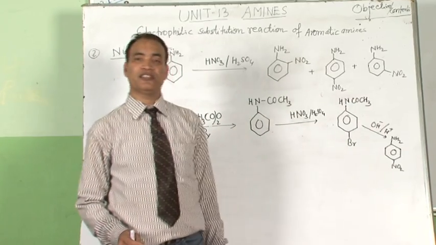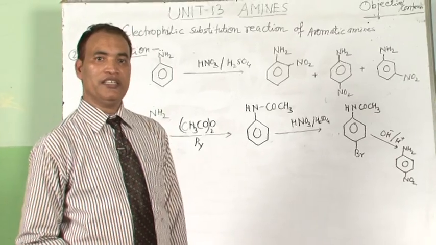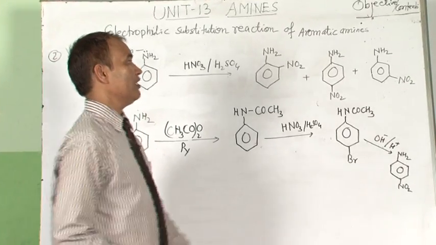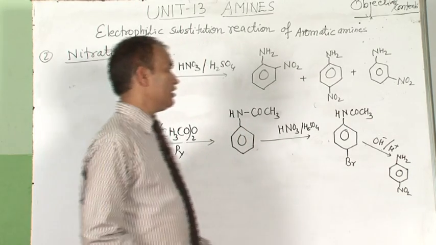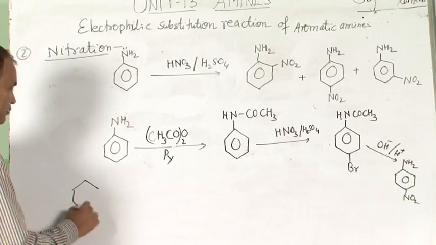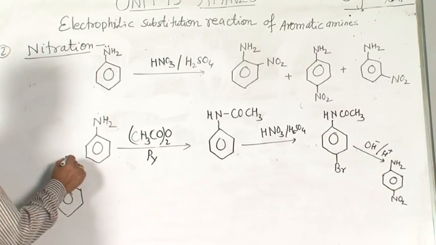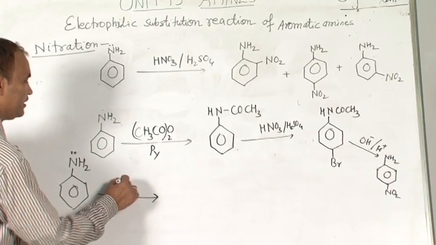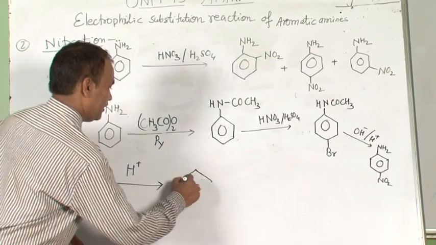The question is asked, aniline is ortho-para-directing, but on nitration it gives unexpected meta-nitroaniline. Why? As we know, aniline is a base. During nitration, it reacts with the acid, that is nitric acid or sulfuric acid, to convert into the anilinium ion.